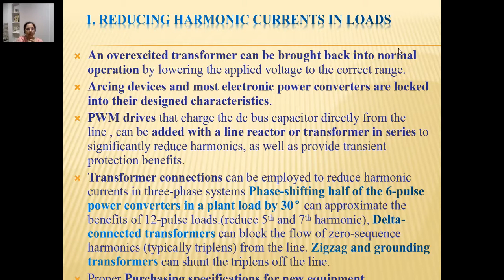Now, reducing harmonic currents in loads. As we already said, linear as well as non-linear loads start drawing harmonic currents. Sometimes the linear equipment changes its behavior; for example, an overexcited transformer can start operating like a non-linear load and then harmonics are generated.